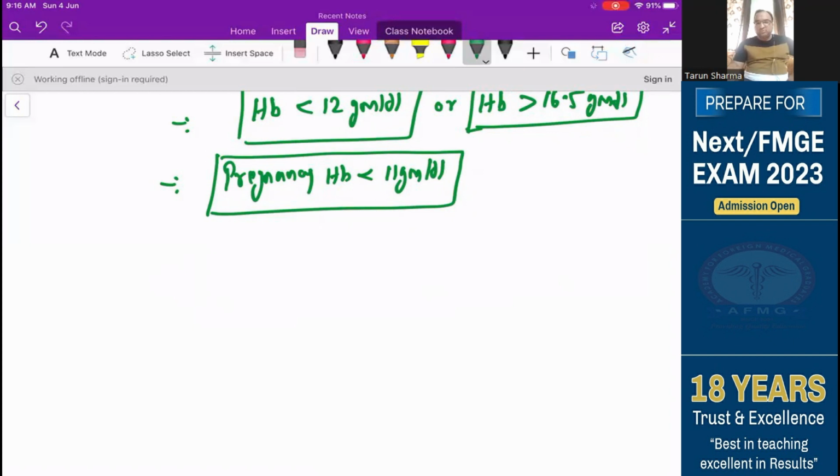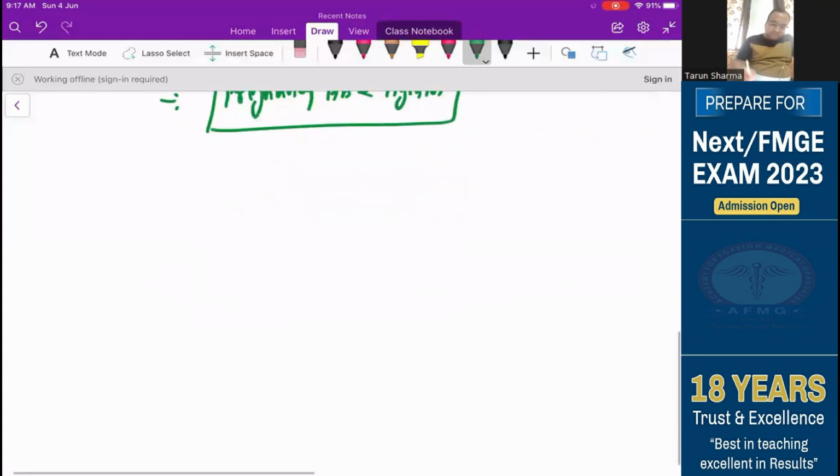If we are able to make out that there is iron deficiency anemia, then we'll start the treatment with iron supplement. And if you know that there is a hemolytic anemia, then we'll start treatment accordingly. That's why it is important to find out the cause of the anemia. So how will you make out the cause of anemia? If you know the classification, if you know the causes, then only you are able to make out the cause of anemia. So let's see the classification of anemia.